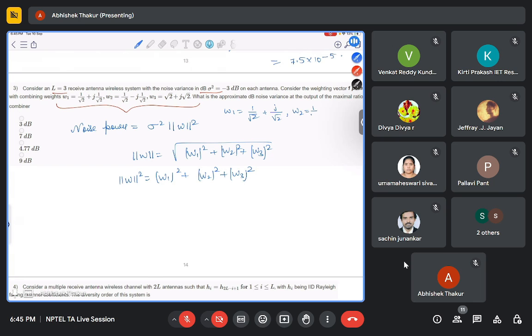W2 is given as 1 by root 2 minus j by root 2, and W3 is given as root 2 plus j root 2.